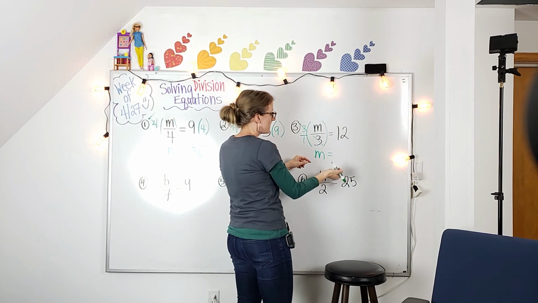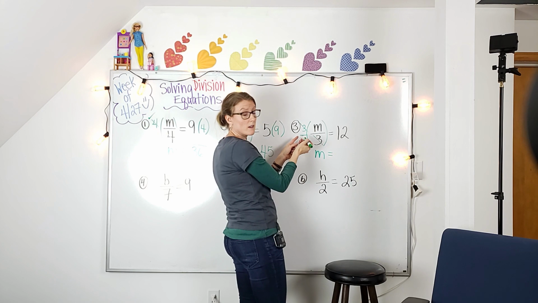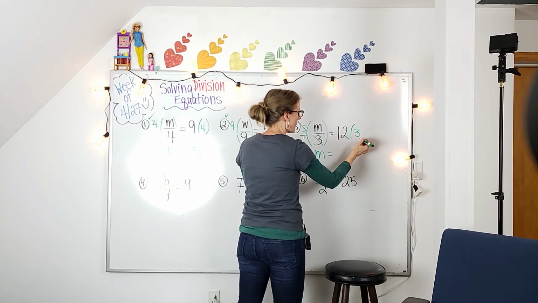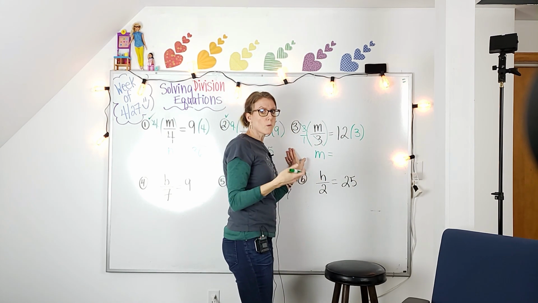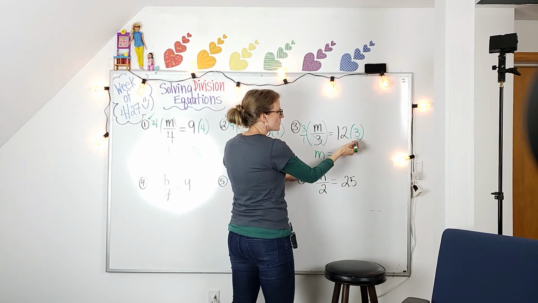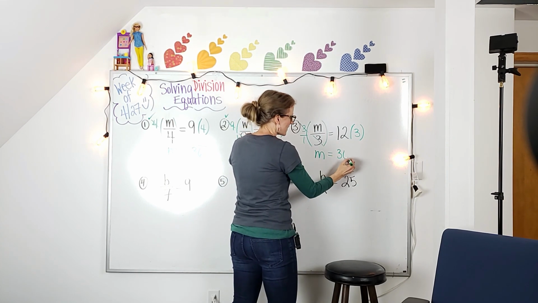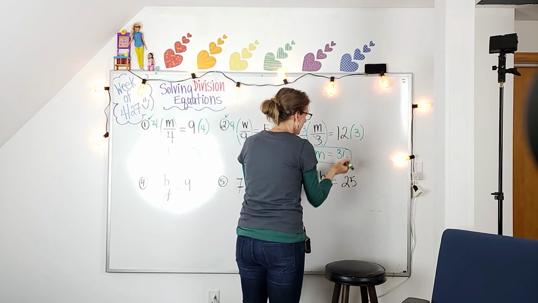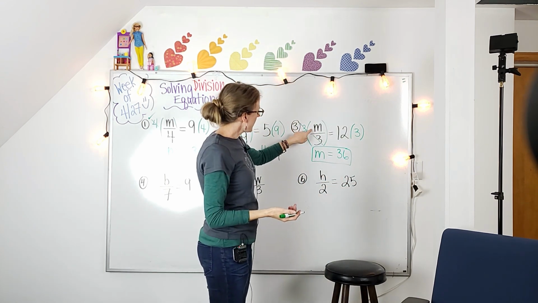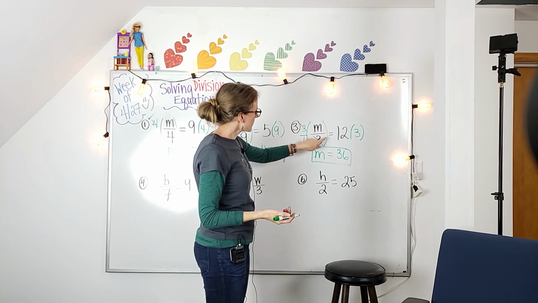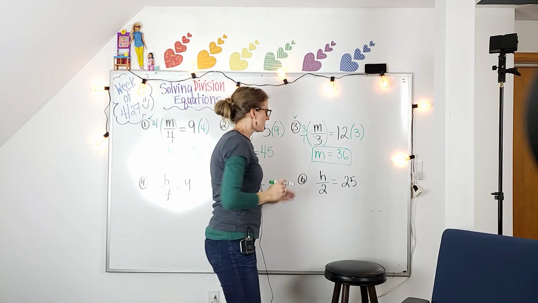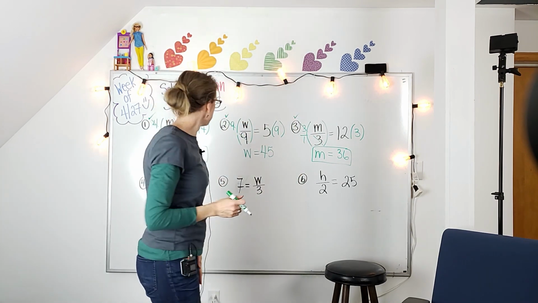Now don't forget to do it on this side. Since I multiply by 3 here, I have to multiply by 3, or 3 over 1, doesn't matter, same thing. 12 times 3 is 36. Just check it. If I plug that in here, is 36 divided by 3 12? Yes. Good to go.